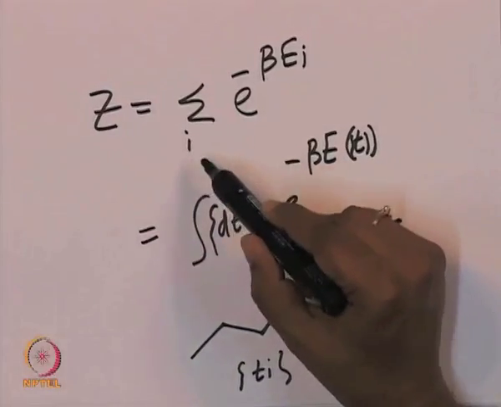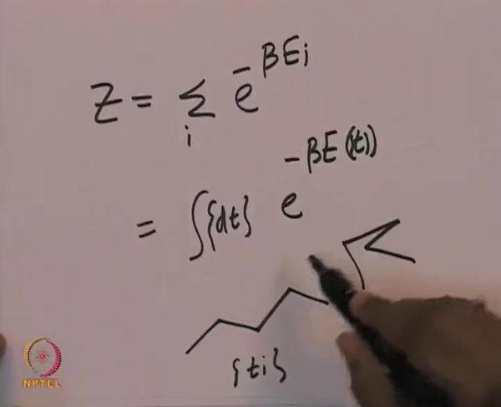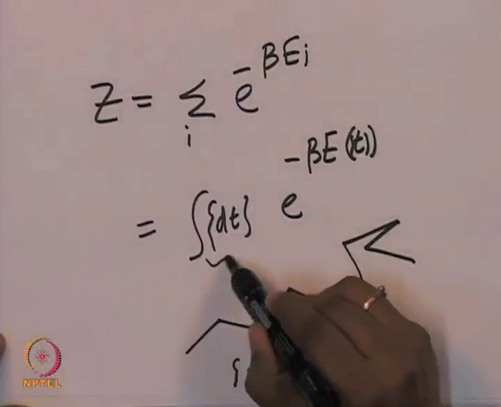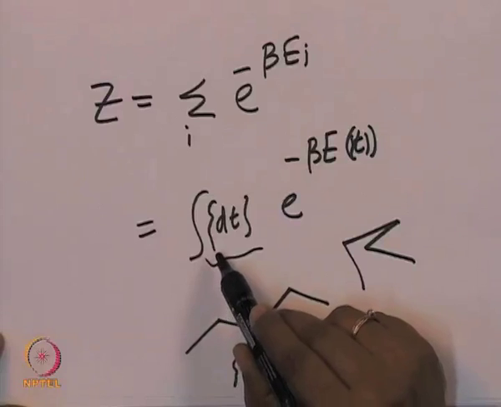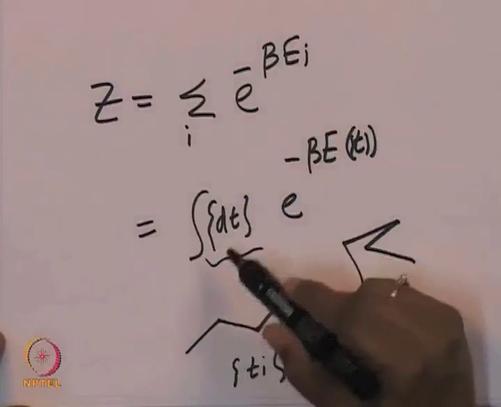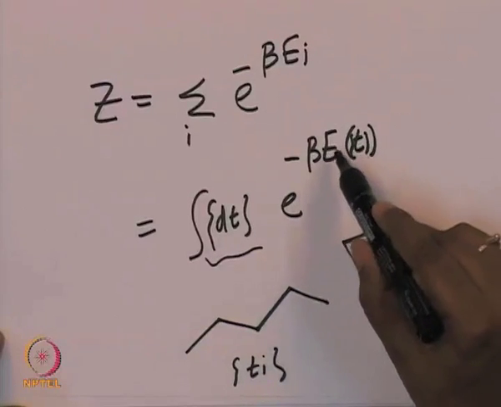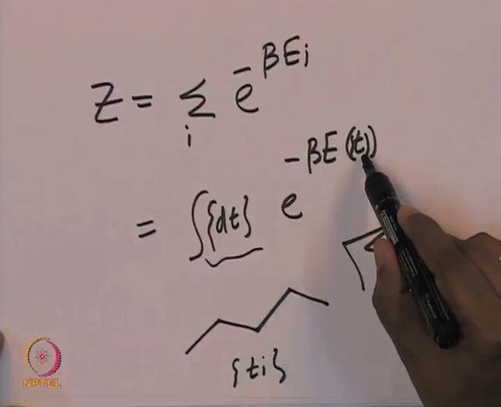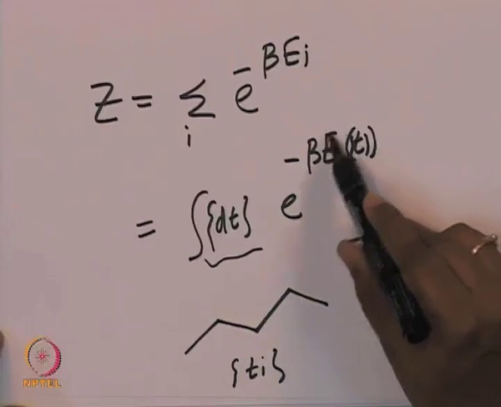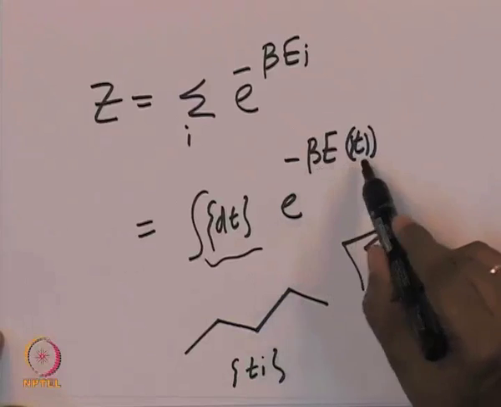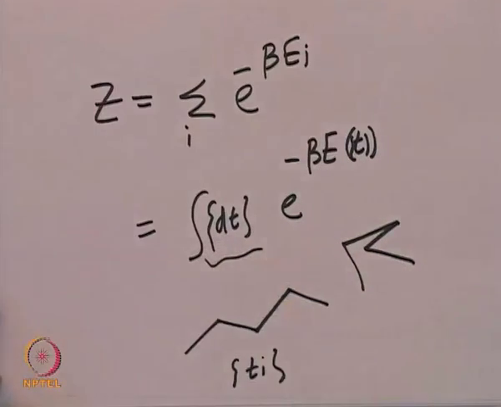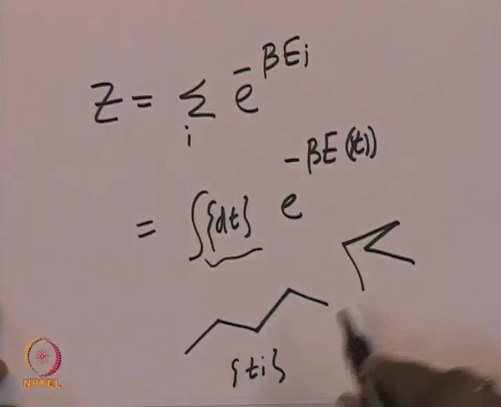Whenever I sum over i, this is the sum over all possible conformations. You have to have a set of t's, and all possible sets of t's, and sum over this e power minus beta E, and E depends on the orientation of the t's. That is why I wrote E of t, because E depends on t. You will get this. So, now how do we do this?